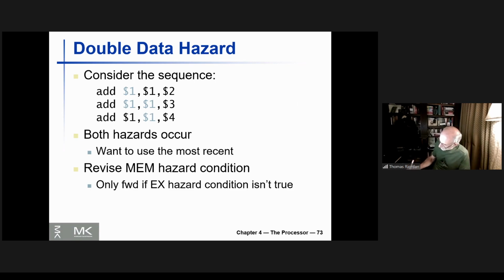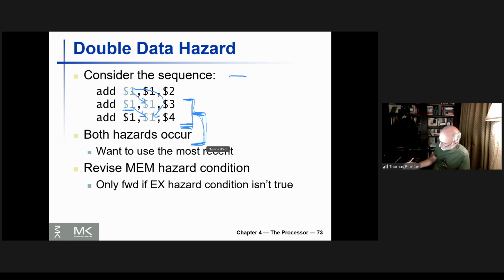So here is a subtlety. It says, consider this sequence. And normally you would say, okay, well, if we follow the rule I gave you, there's always exceptions to every rule. If we follow the rule, we would bypass from here to here, from here to here, from here to here, because this is a new destination and we get a new window.